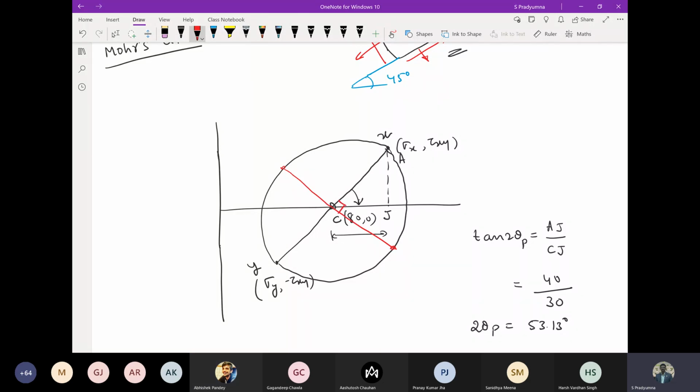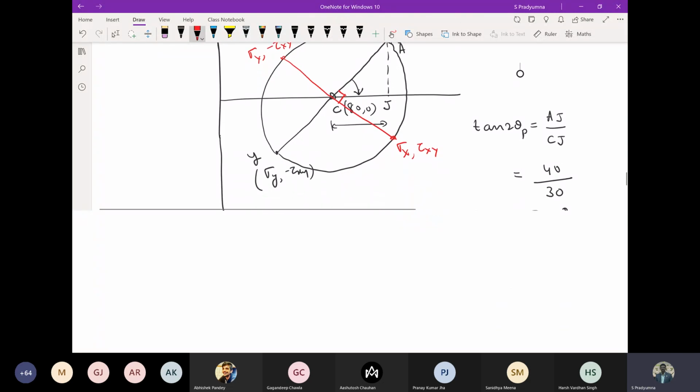So this angle is 90 degree because the given angle is 45 degree. Theta is 45. Therefore, we made a rotation of this. So this is my sigma x, tau xy, and this is sigma y and minus tau xy.